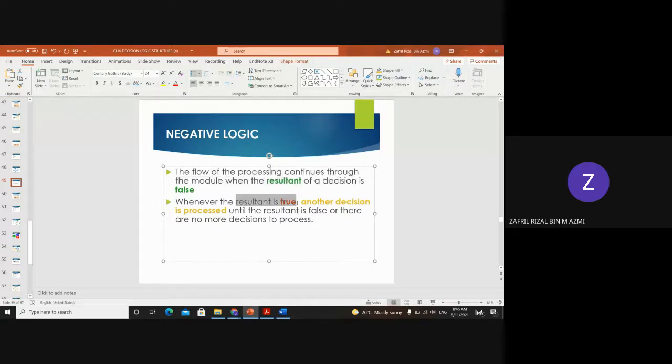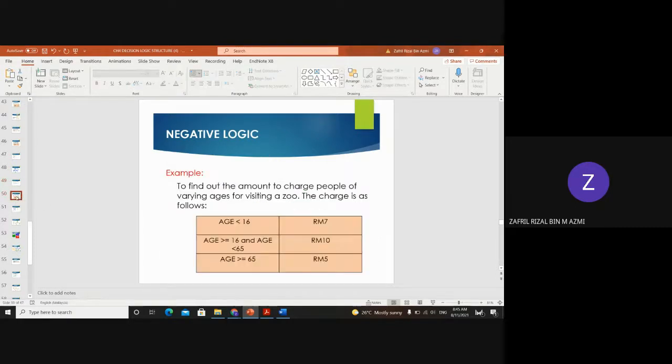When it is true, it enters another decision. It is the opposite of the positive. In positive, if it is false, it goes to another decision. If it is true, it will have the statement. So this is the opposite of positive logic.